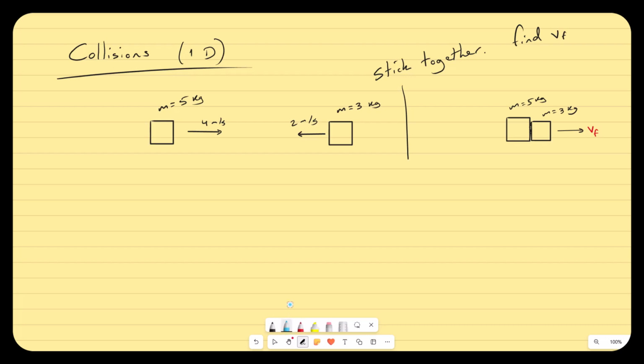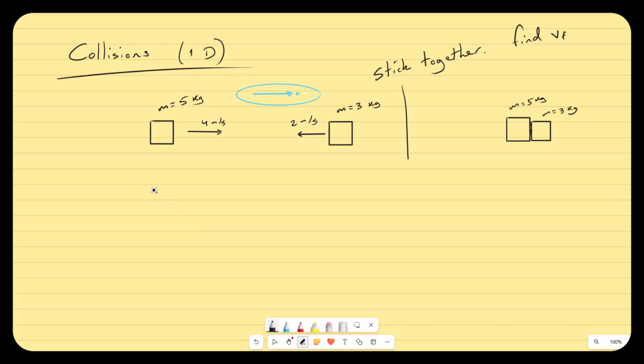It doesn't matter, honestly, whether I get that arrow direction correct or not. But in case you are the sort of person who really wants to get the arrow direction correct, I'm going to erase this for a moment and come back to it. I do want to pick a direction to be positive, and I like to the right as being positive.